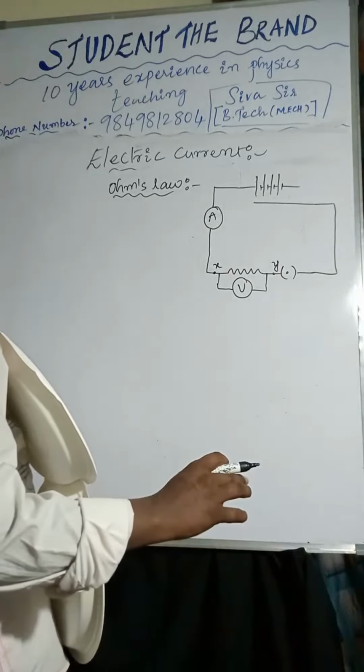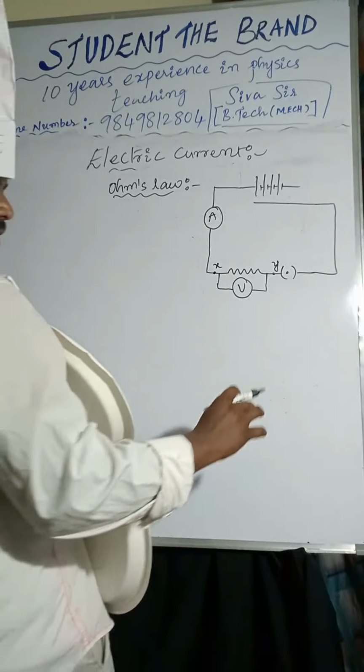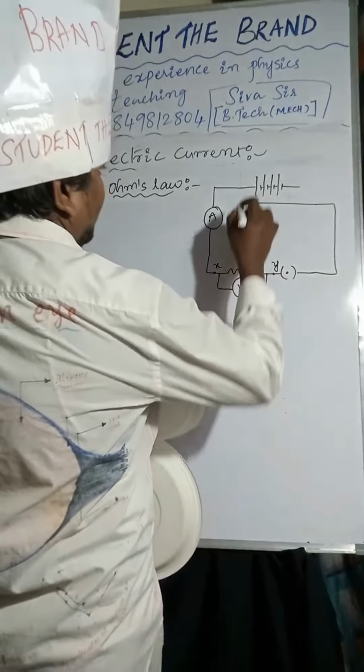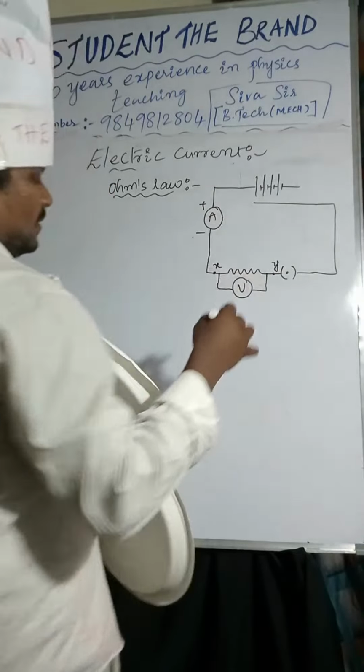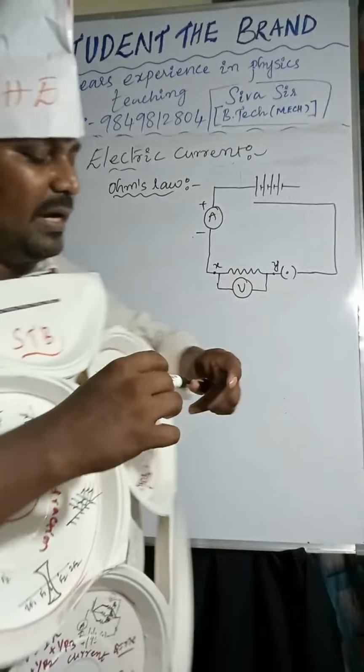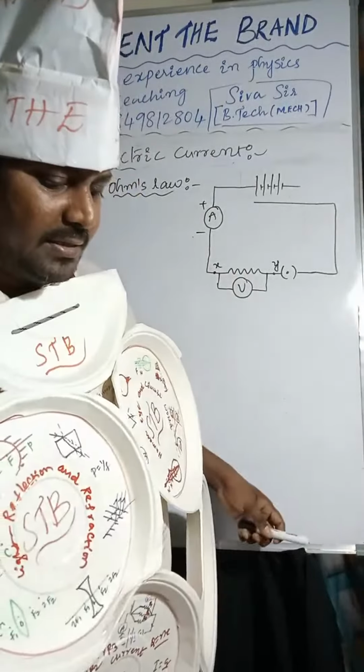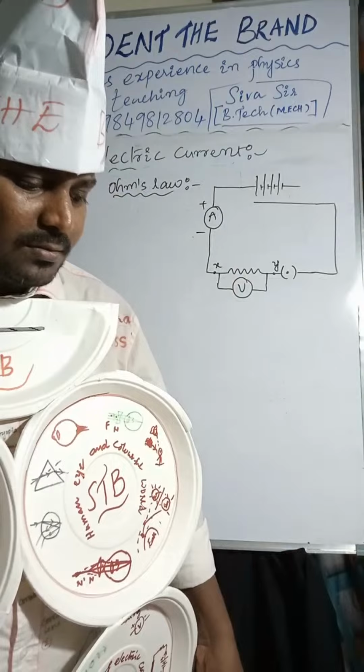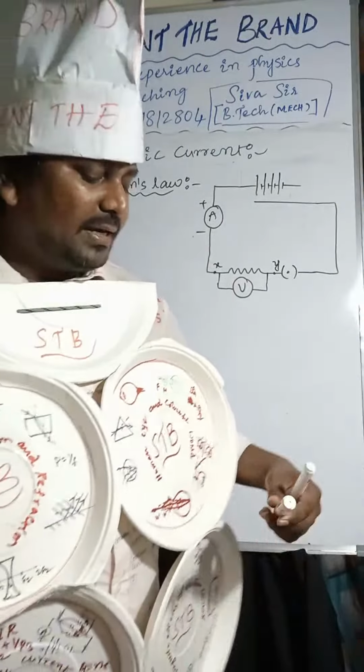Now you can observe in this case. So this is a potential difference. Current is passing.